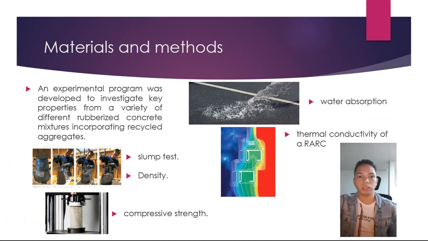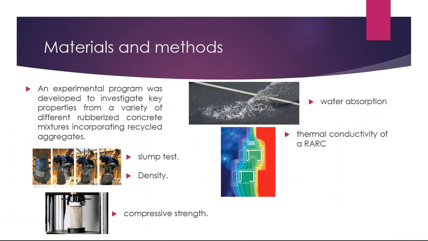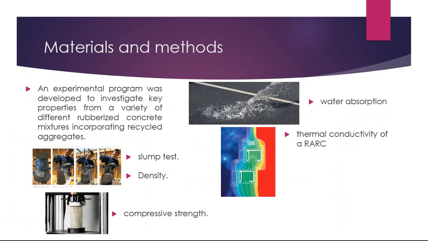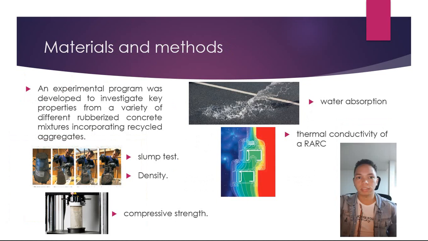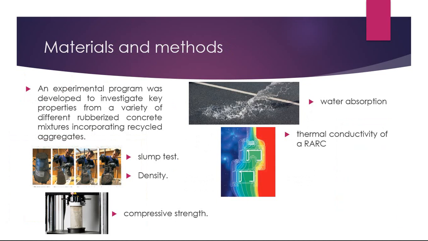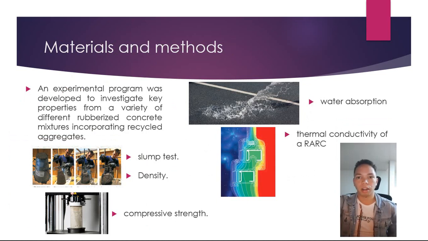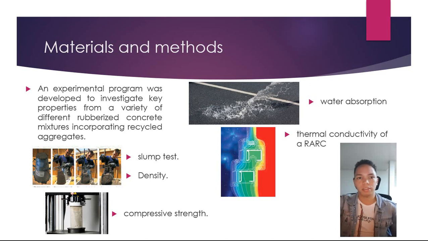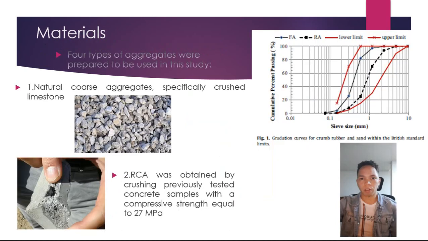Materials and methods. The key properties of a variety of different rubber concrete mixtures incorporating recycled aggregates are investigated. These include drop test, density, compressive resistance, water absorption, and thermal conductivity of an RRC concrete that is prepared with the addition of different percentages of aggregate.